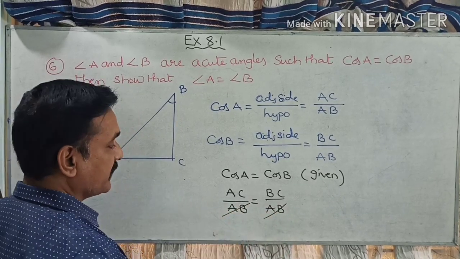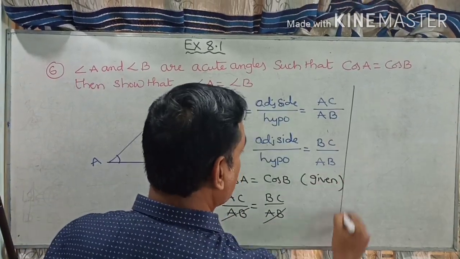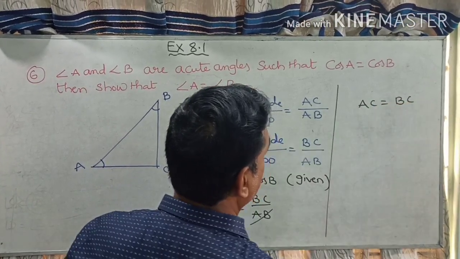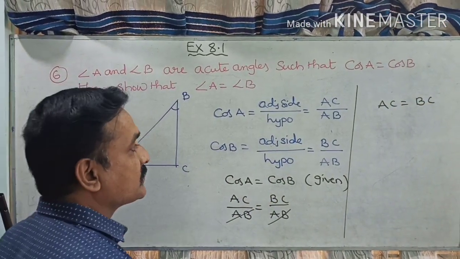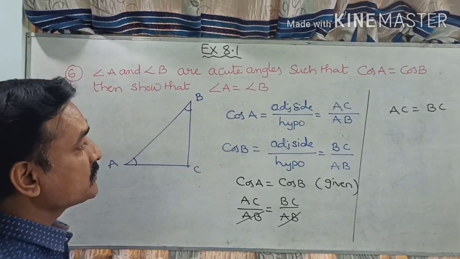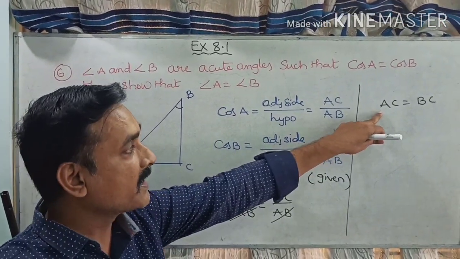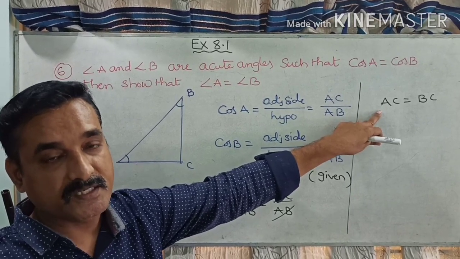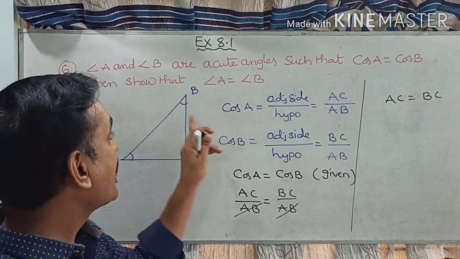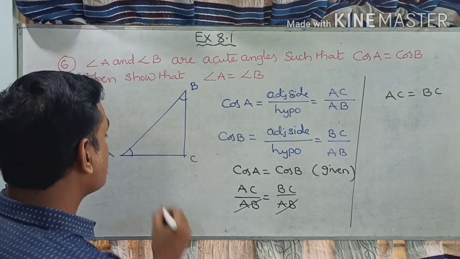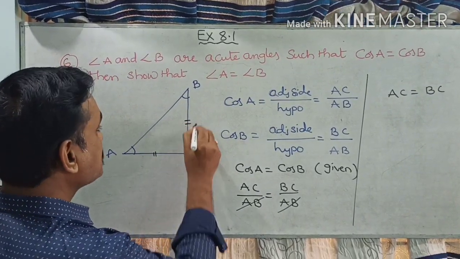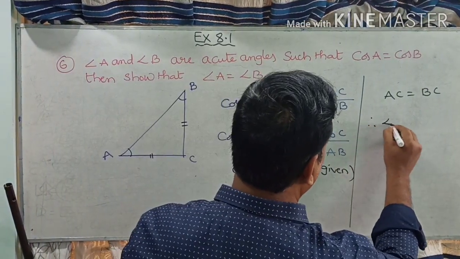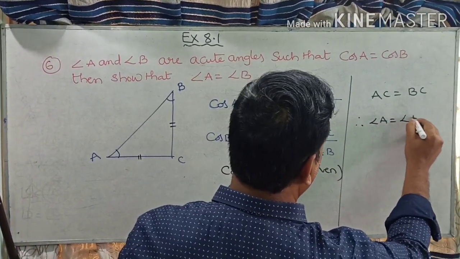Since both denominators cancel, AC equals BC. Since two sides are equal in a triangle, it is called an isosceles triangle. Since it is an isosceles triangle, the angles opposite to the equal sides are equal. Therefore, angle A equals angle B.